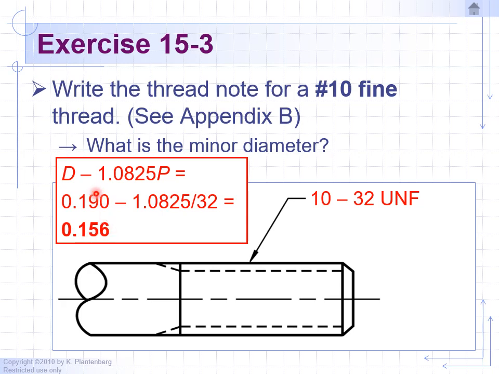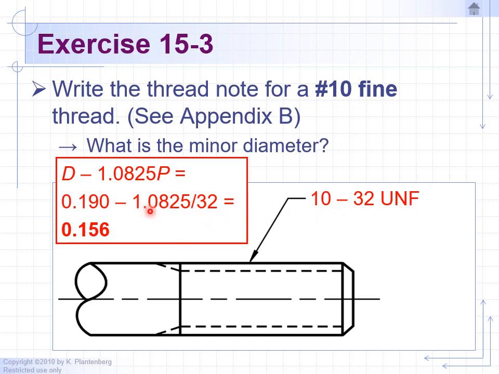So once again, our major diameter from our table, look up number 10 on the table. Our major diameter is 0.190 minus 1.0825 divided by the number of threads. There are 32 threads per inch under the Unified National Fine Thread column.